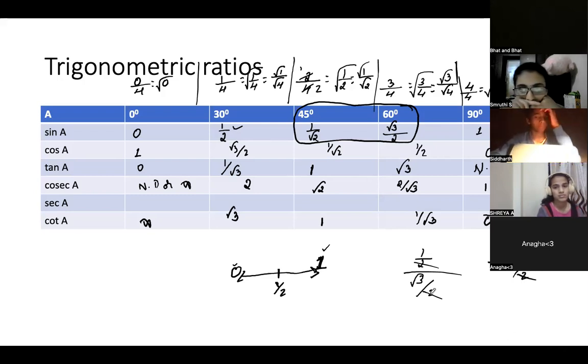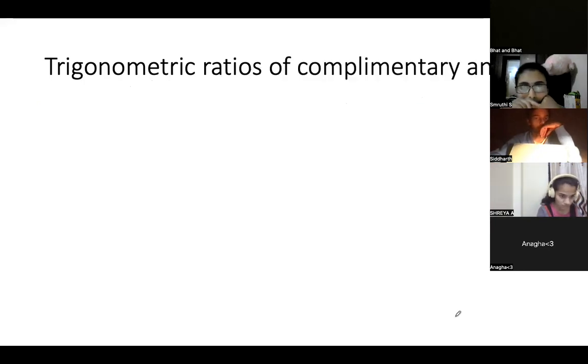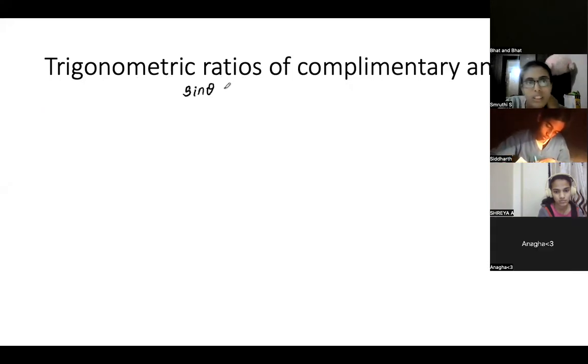Okay, fine. So next is trigonometric ratios of complementary angles. Now, let us again tell only the first column once. Only for first column. So I'll write like this: sine theta.